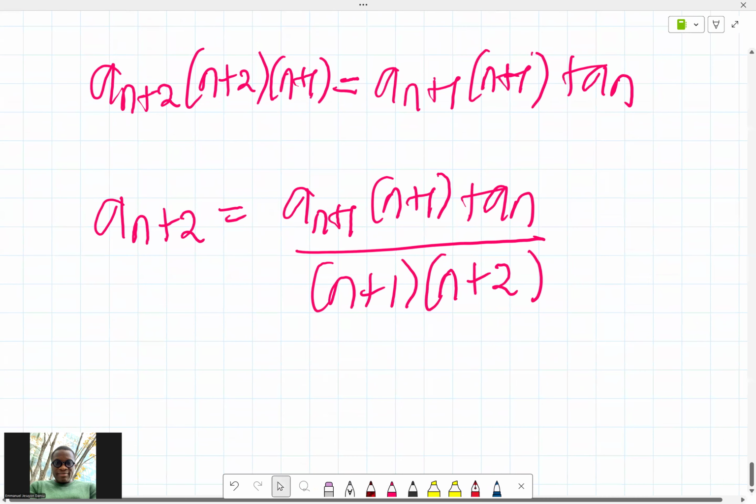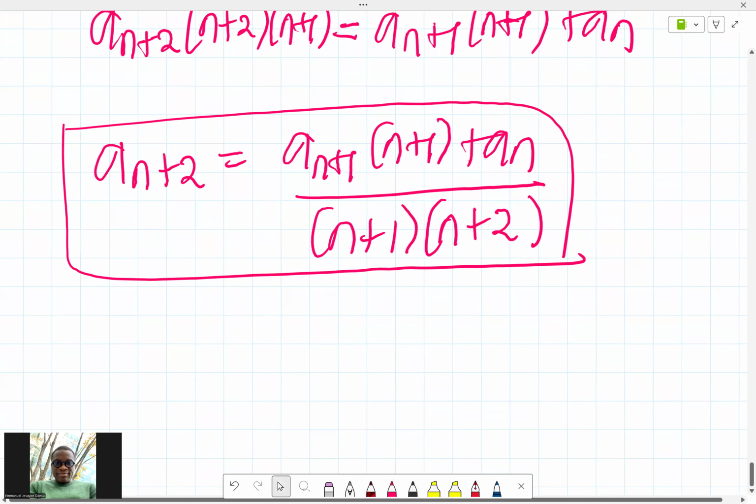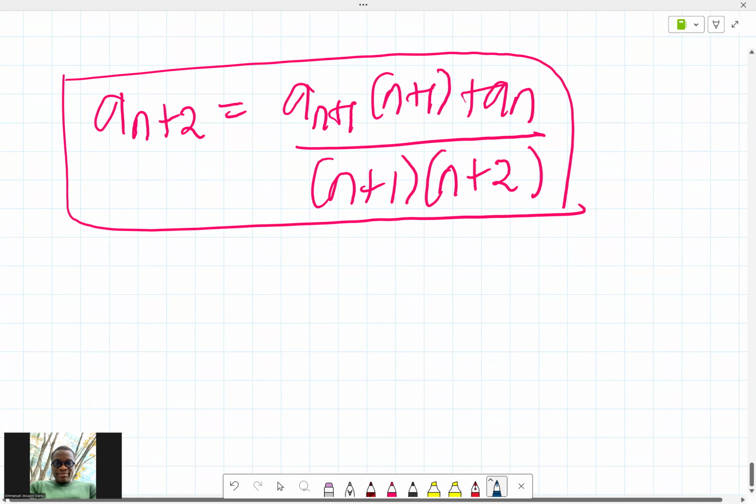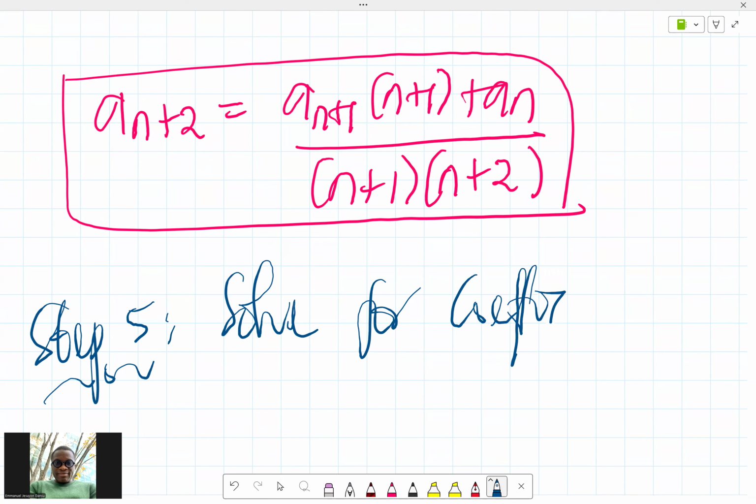So with this in place, this becomes an expression we can always use. So in step 5 now we can solve for the coefficients. Basically what we need are the a(n)s.